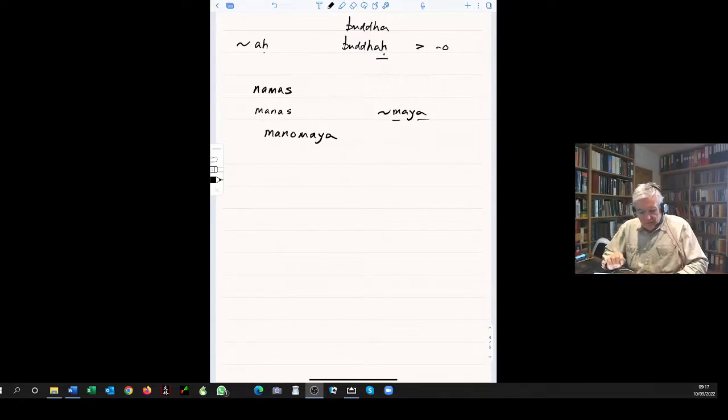So looking at number 5: after these sandhi rules have been applied, if the first word ends in a vowel, he said including visarga, but I think he meant to say including the dropping of visarga, then there is a break between the words.